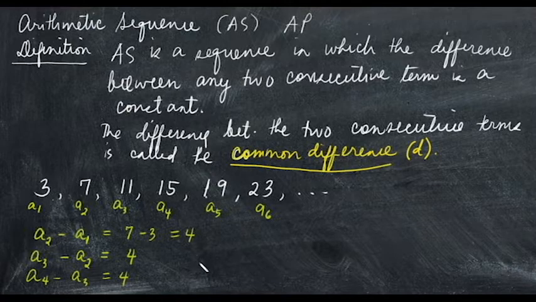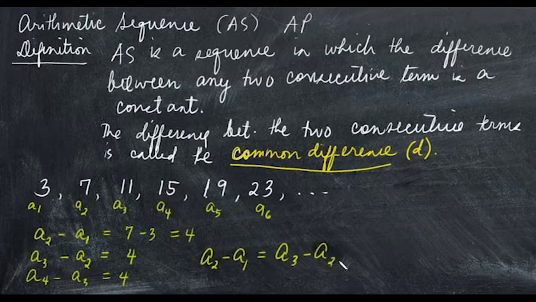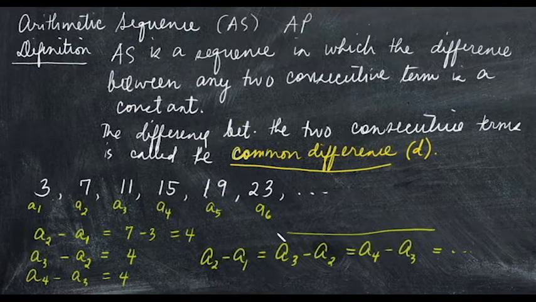So in short, a sequence is an arithmetic sequence when a sub 2 minus a sub 1 equals a sub 3 minus a sub 2 equals a sub 4 minus a sub 3, and so on. Okay, this is important, remember this.